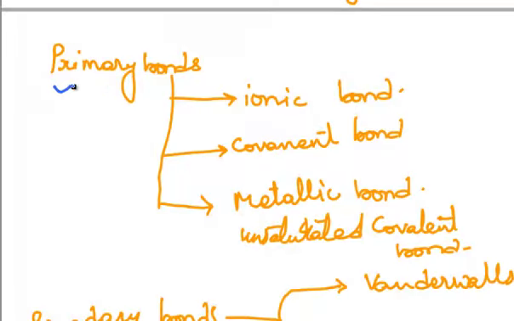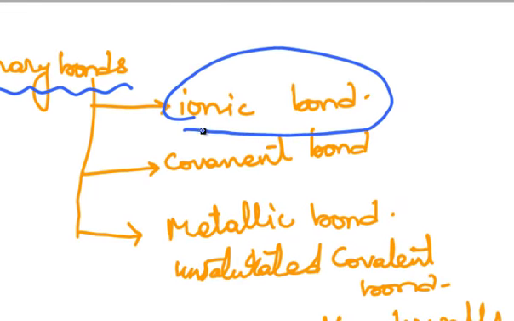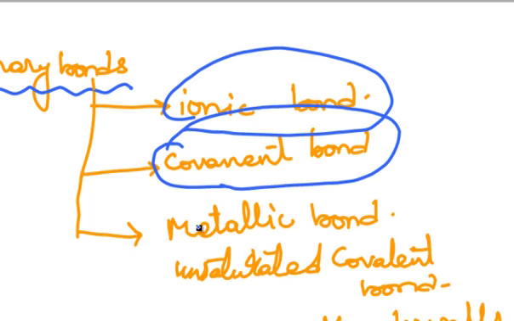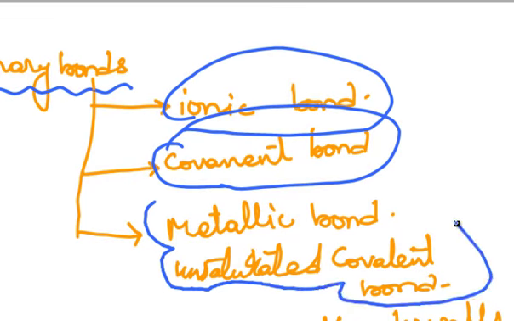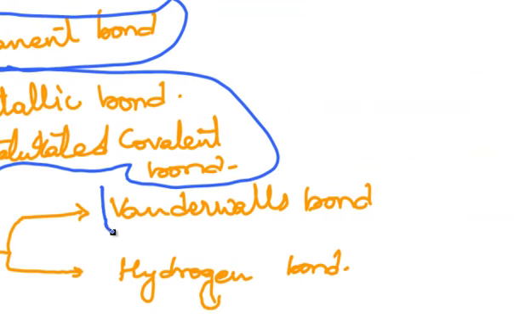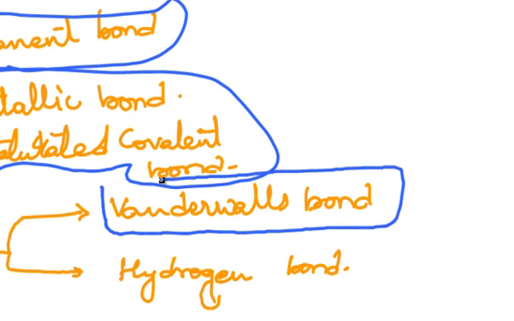The primary bonds are of three types. They are ionic bonds, covalent bonds, metallic bonds. They are also known as unsaturated covalent bonds. The secondary bonds can be classified into two types. They are van der Waals bonds and hydrogen bonds.